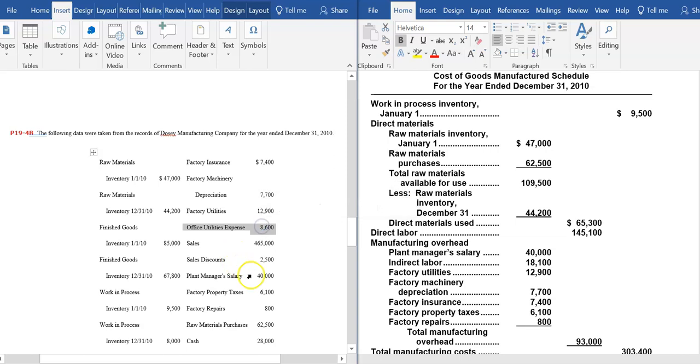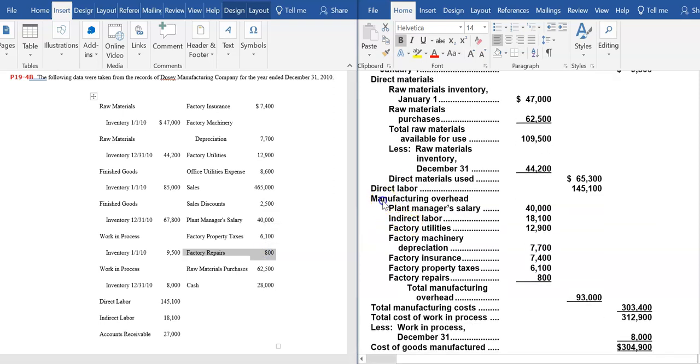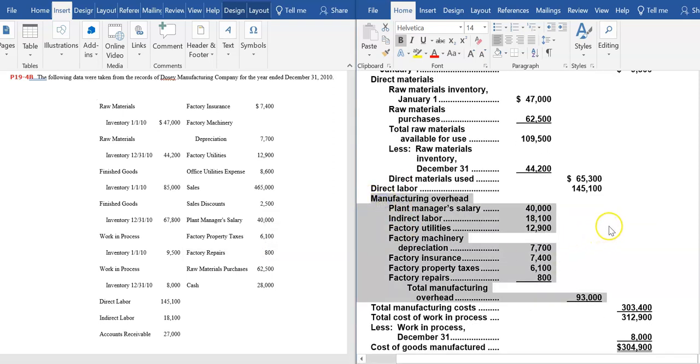Office supplies is not a product cost, that's a period cost, so it's not an overhead cost. Plant manager's salary, factory property taxes, factory repairs. Those are all indirect costs of producing the inventory. Total overhead of $93,000.